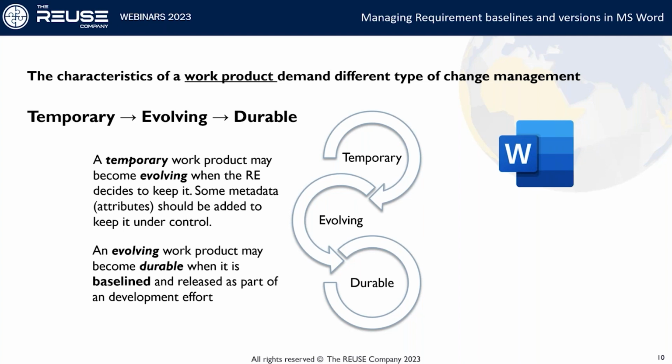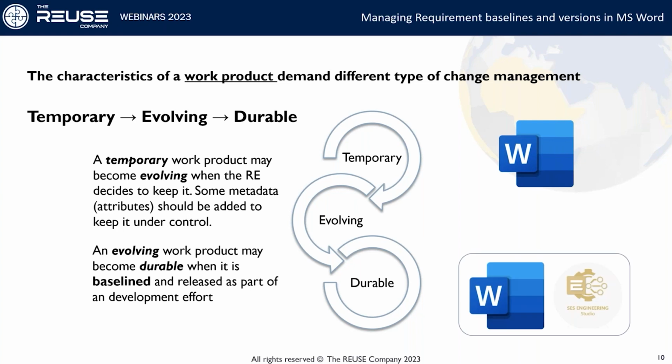And soon you have a durable work product which has multiple versions, and you need to keep track of where you are. And that's quite hard when you only use Word. Therefore, we have introduced the add-in, where you can add a set of capabilities to manage variants and versions, and also baselining. So hopefully we will see that Word disappears as it is on its own, and you will use Word with the add-in capability.